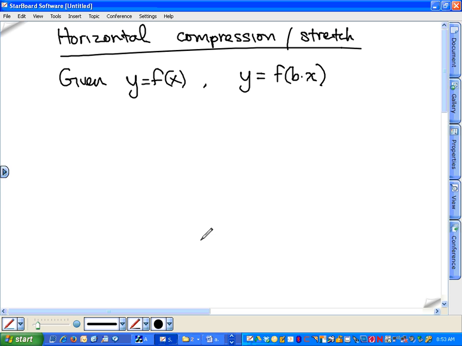Now how would you describe that? In or out? It's inside the function. B times x is inside the function. Now if it's inside the function, how does it affect the graph? Outside affects it vertically, so inside has to affect it horizontally. So b times x is a horizontal.